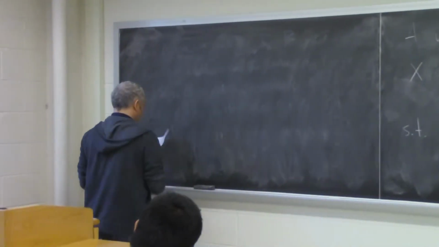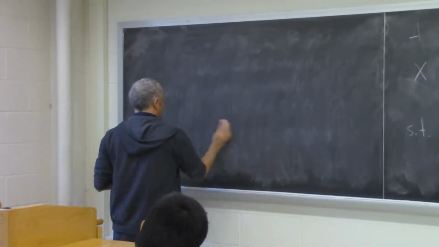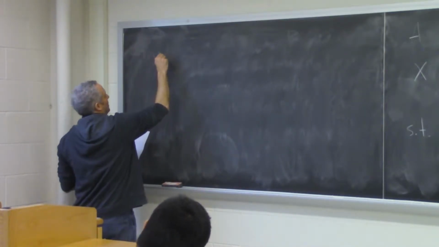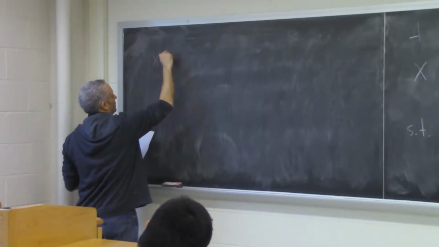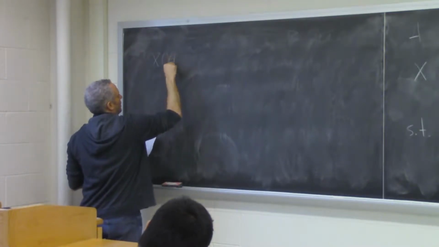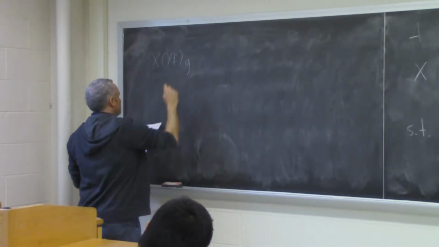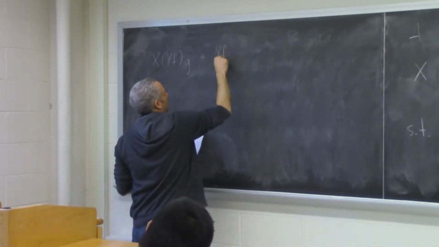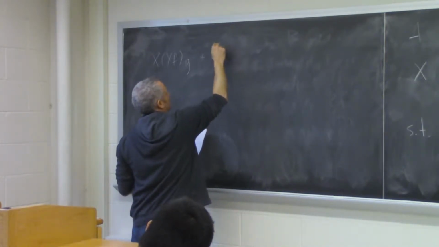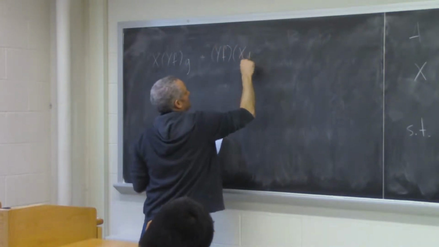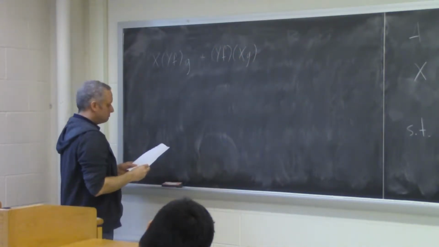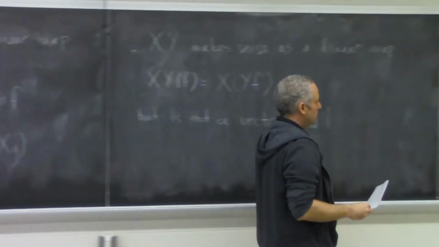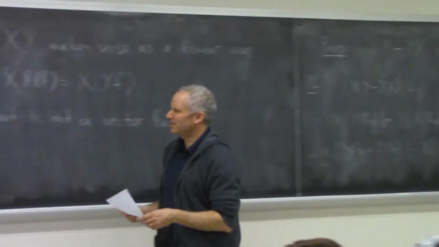And so we get X acting on Yf times g plus Yf times X acting on g. That's X acting on the first term here. And then we'll get 6 more terms. So let me write them down.